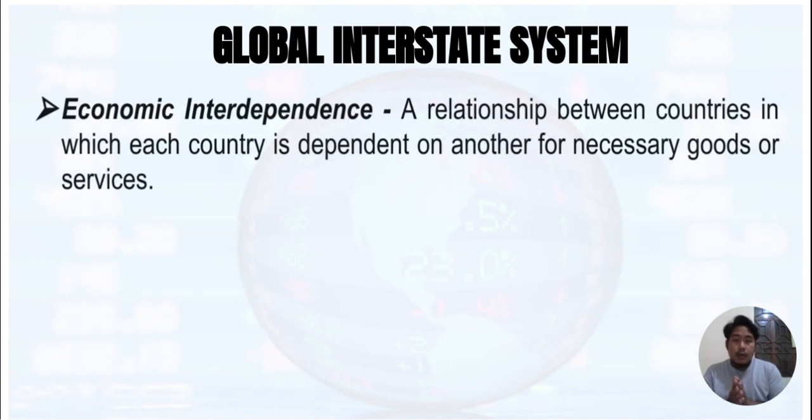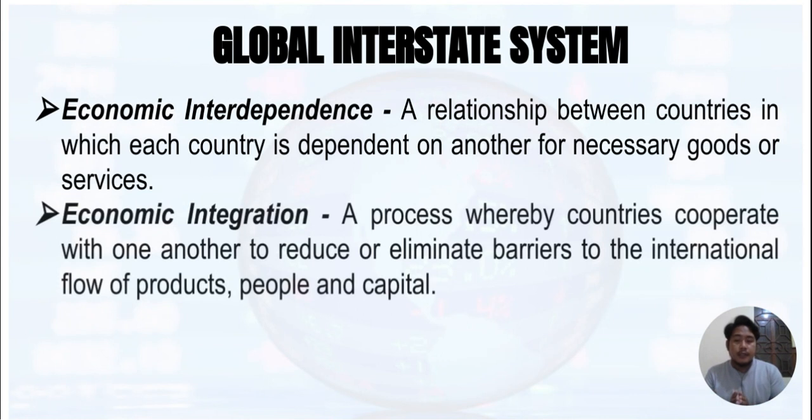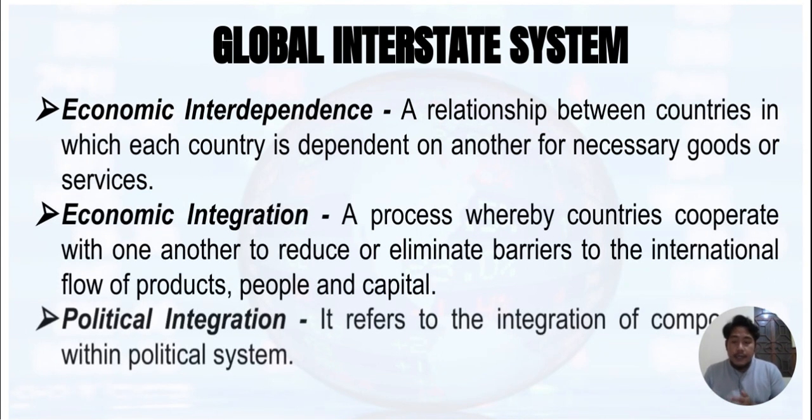Now, under the global interstate system, we actually have three concepts that we will be discussing. Now, these aspects, so to speak, of the global interstate system are proof that it actually exists in the contemporary world.